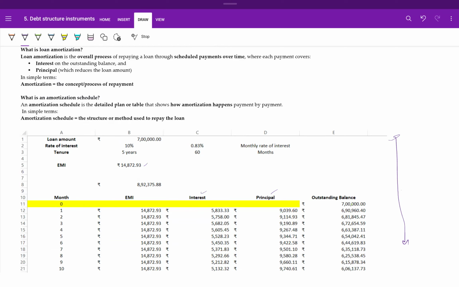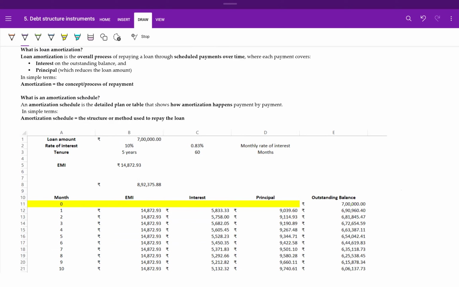In simple terms, amortization is the process of repayment over time, and it answers one question: how does a loan gradually get paid off? This is the overview, a very simple example.